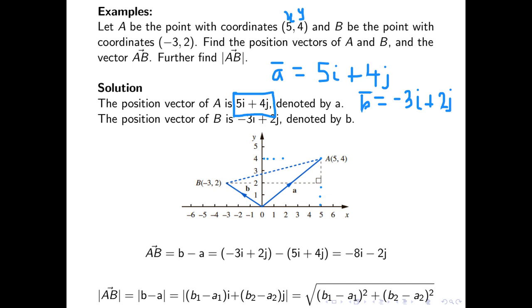So here, the blue line is vector A. Similarly, for vector B, it goes from -3. So we have -3 and 2. So this is the point for B, and we draw the vector to that point.